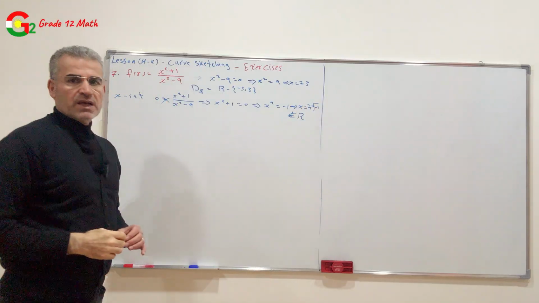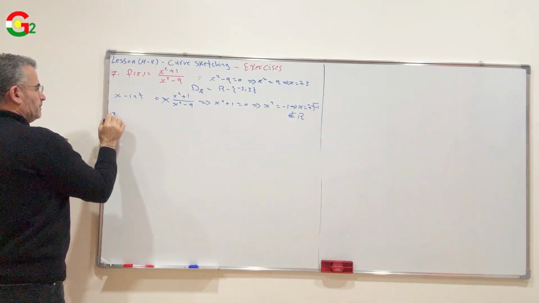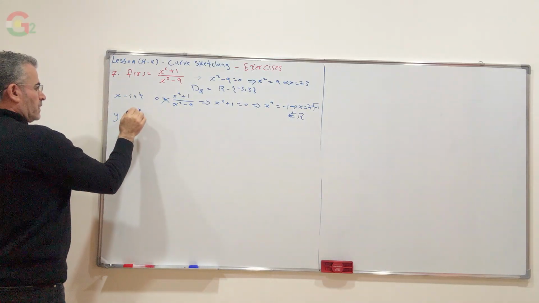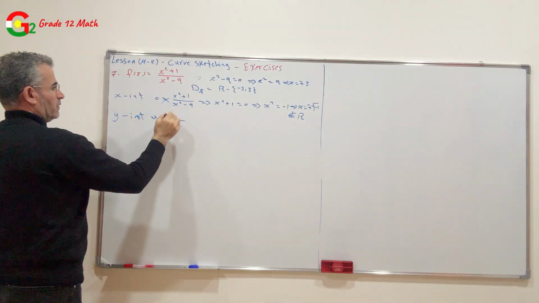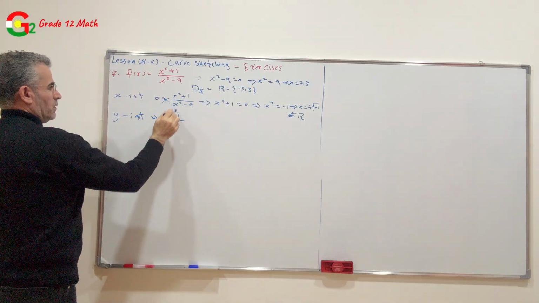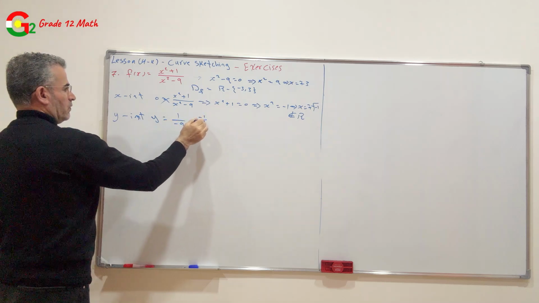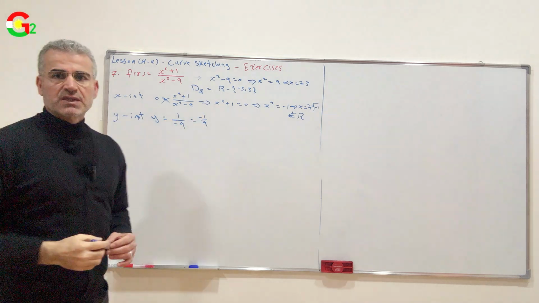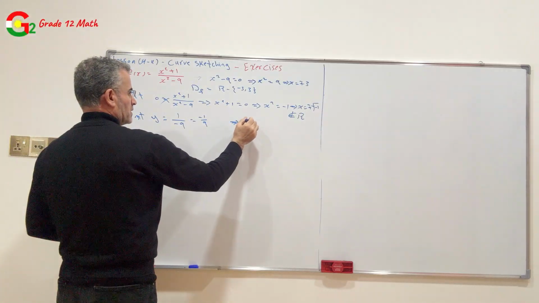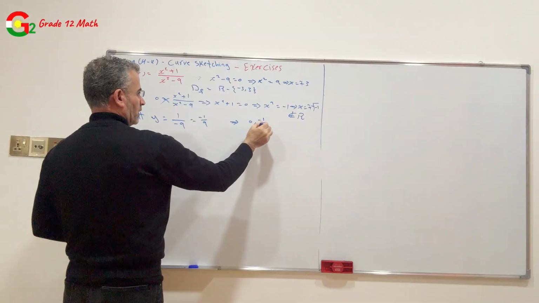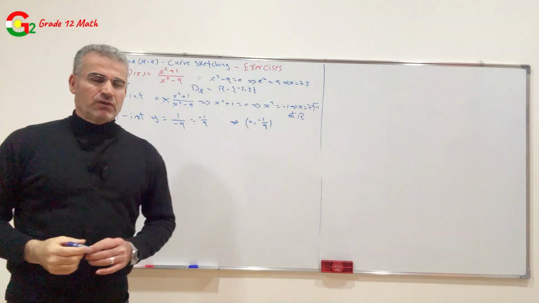There is no x-intercept. For the y-intercept, we set x equals 0 and find y. 0 plus 1, 1, over 0 minus 9, negative 9. Then negative 1 over 9 is the y-intercept value. The point (0, -1/9) is the y-intercept for this function.